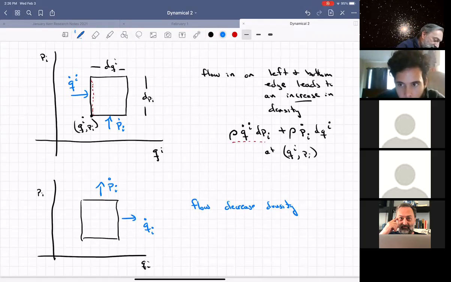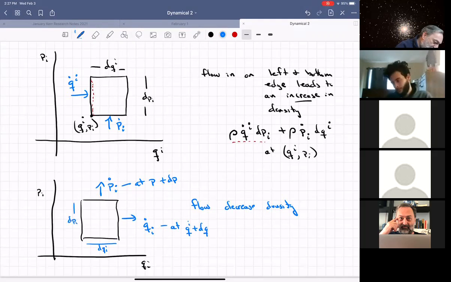And this p dot i is happening at p plus dp, and this q dot i is happening at q plus dq. So this distance here is dqi. This distance here is dpi. And if I started down here at the point qi, pi, then these flows are happening not at that point, but a little ways away.